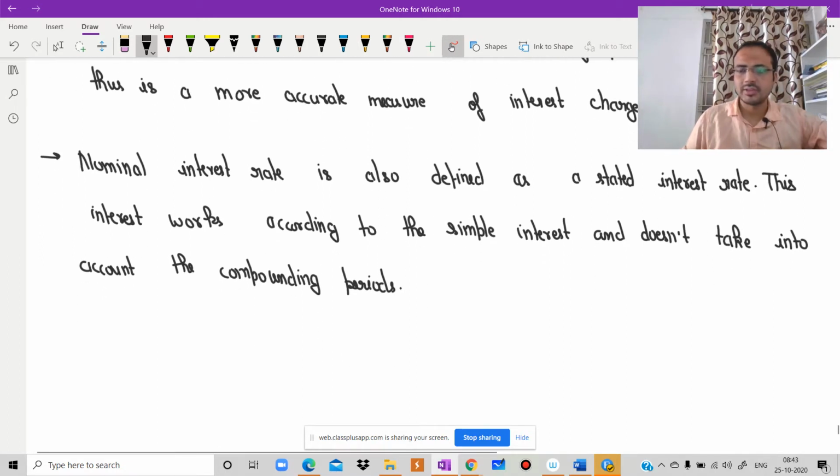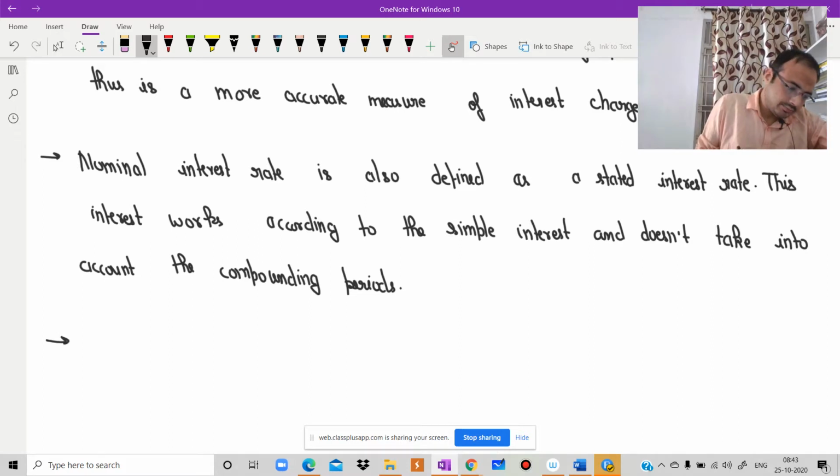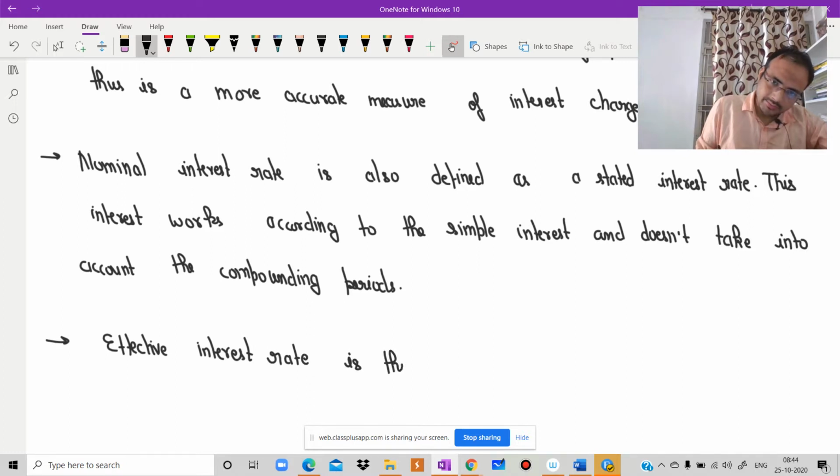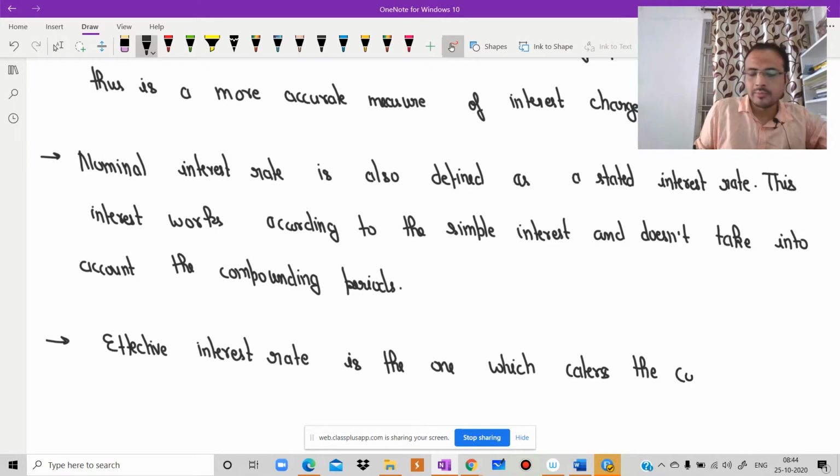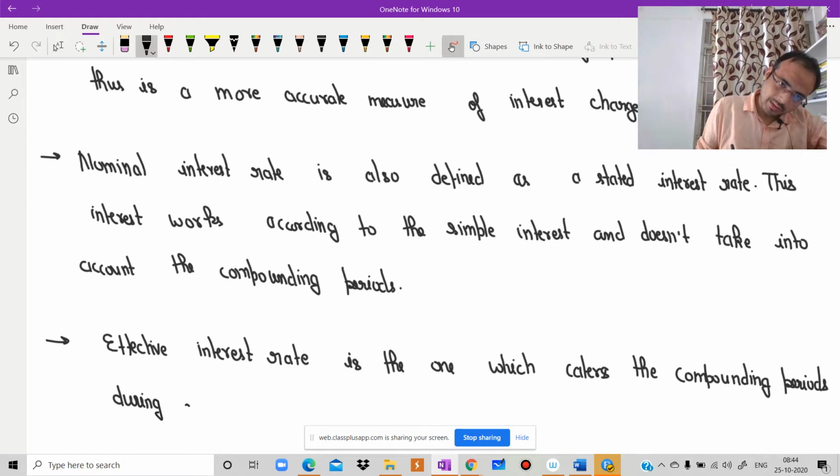The effective interest rate is the one which will take care of the time value and caters the compounding periods during a payment plan.